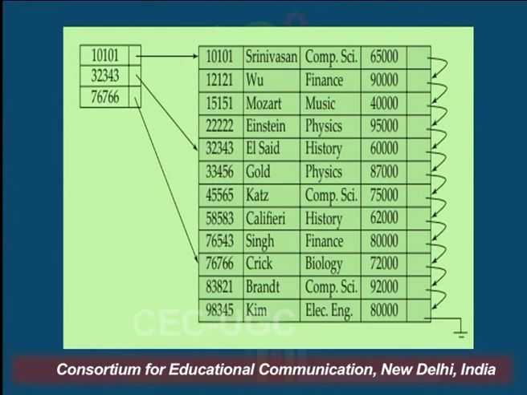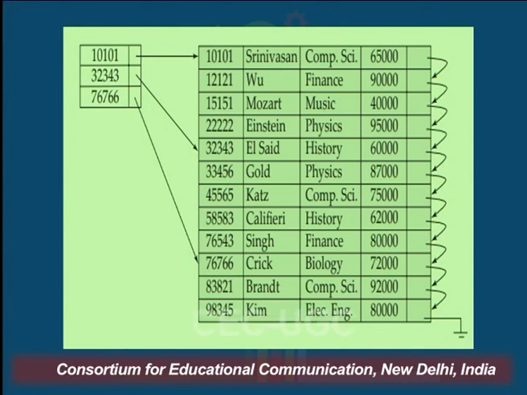For example, if you are looking for 76543, we look for the entry in the index. We have 32343, and after this we have 76766. So 76766 is greater than the search key we are looking for, because we are looking for 76543.